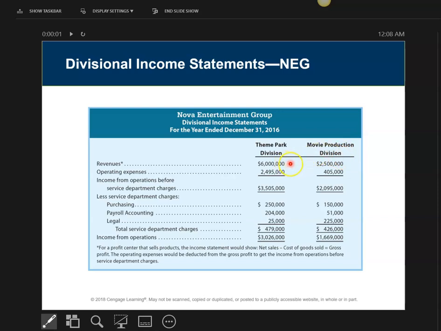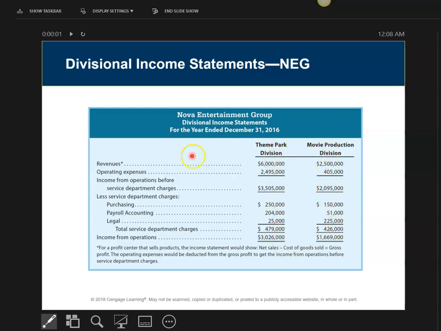For the theme park, here are my revenues and my operating expenses. Minus that equals my income from operations before service departments. Now I take the service department charges I just calculated and subtract them to get my total income from operations. So I shouldn't be comparing across, but rather up and down.